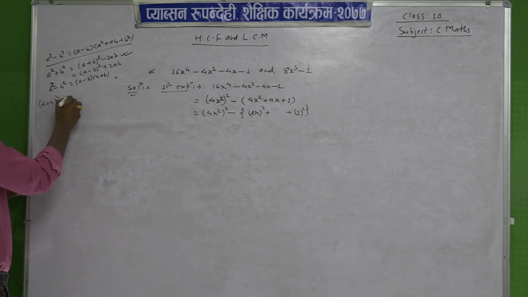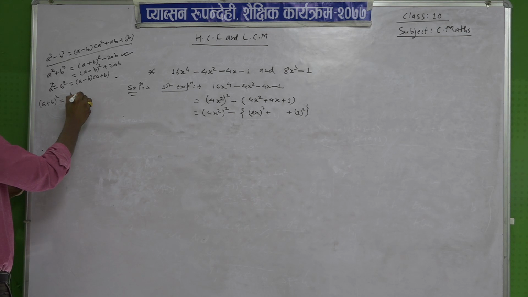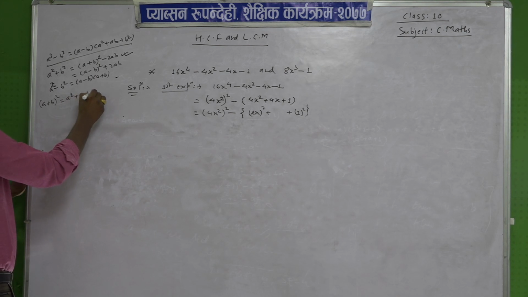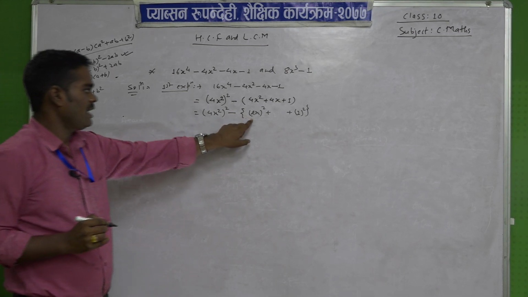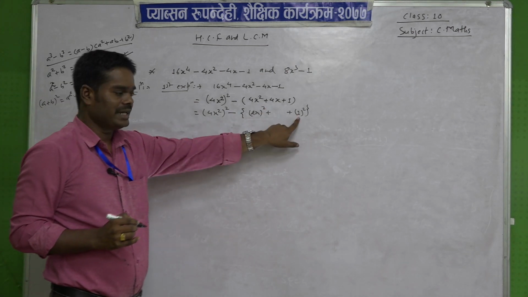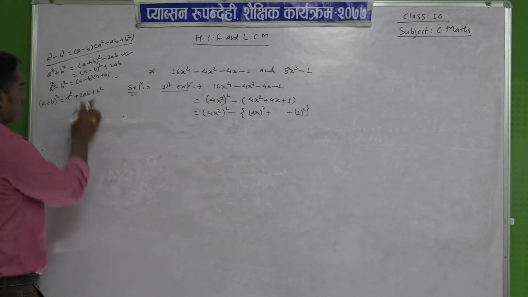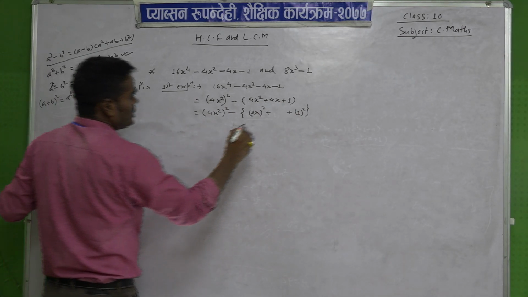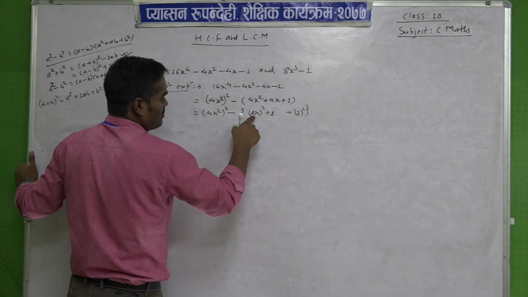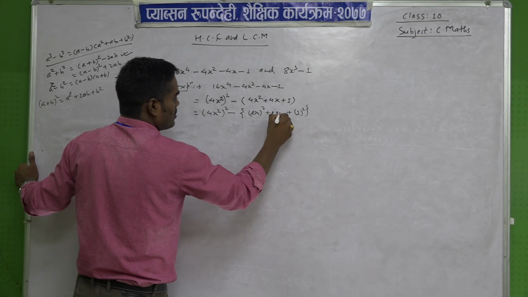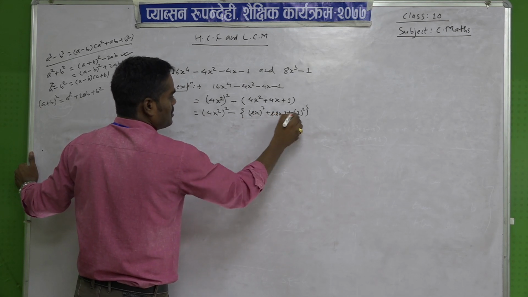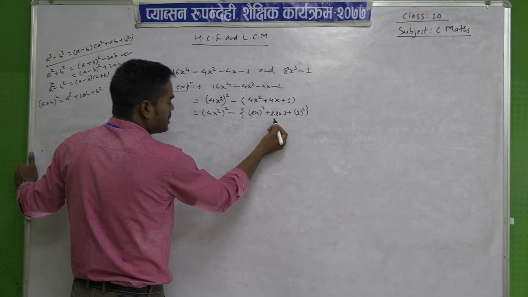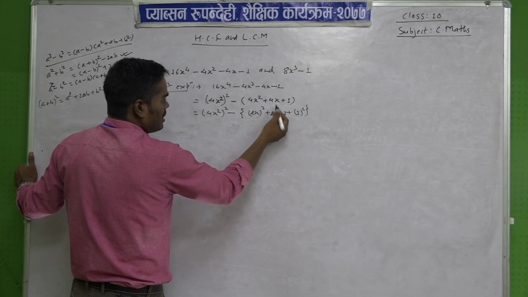A plus b whole square means a square plus 2ab plus b square. See here, a square plus b square, what we need? 2ab. So from the formula, in place of a how much? 2x, in place of b how much? 1. See their product, 2 to the 4 and x.